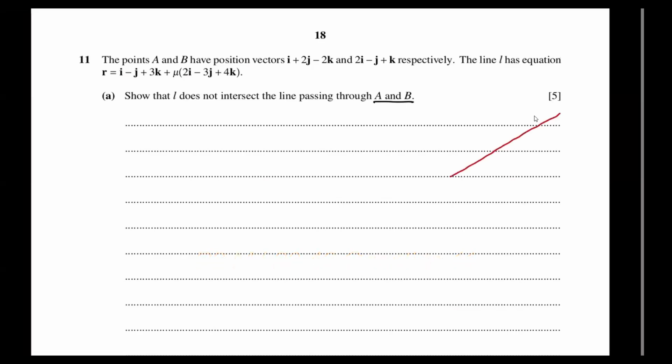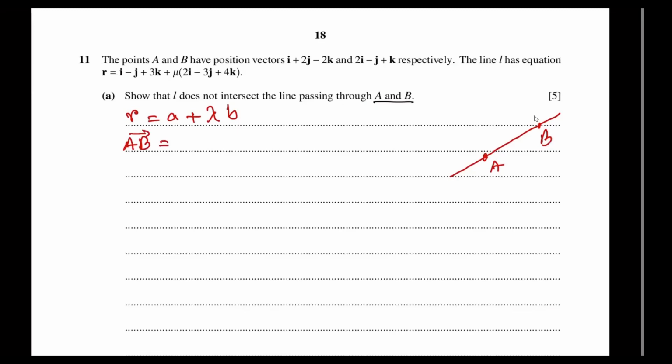There is A and B. To find the line, we need the direction, and we'll use one of the points' position vectors. Remember, the equation of the line is in the form r equal to a plus lambda times b, where b is the direction. Here we will treat the vector AB as the direction.